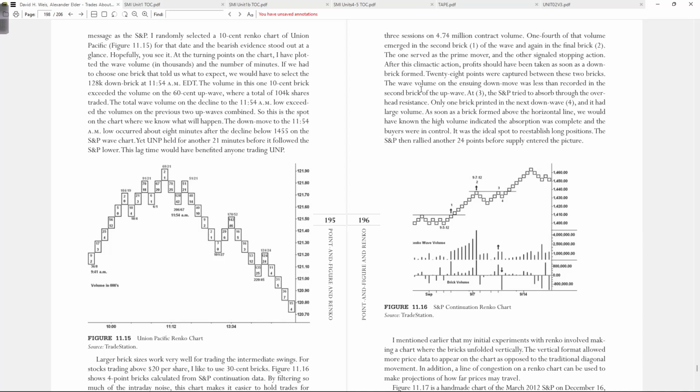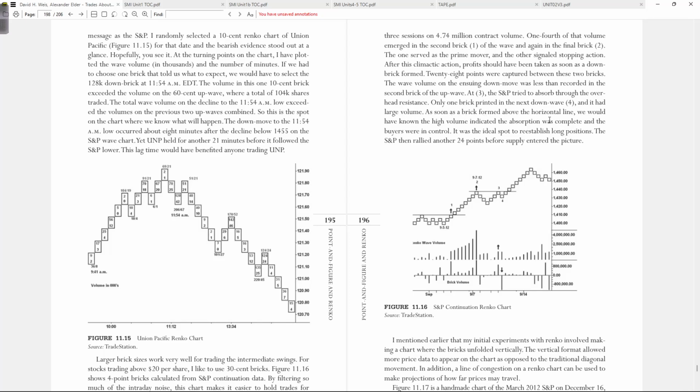The wave volume on the ensuing down move was less than recorded in the second break of the up wave. At 3, the S&P tried to absorb through the overhead resistance. Only one break printed in the next down wave, 4, and it had larger volume.